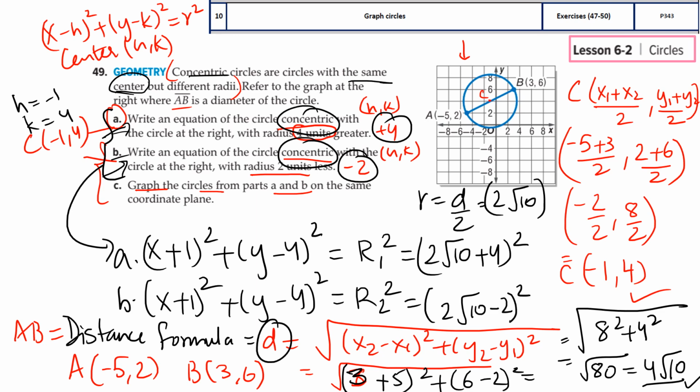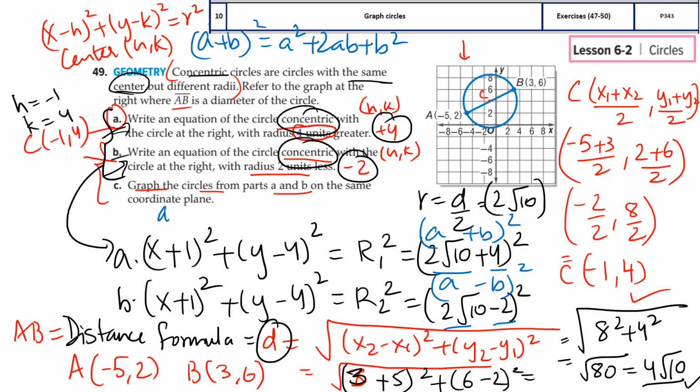Now, before I proceed to the next slide, I will give you a little bit of algebra that will give you the correct answer. So this is like (a plus b) whole square, correct? And this is (a minus b) whole square. Which algebra identity will help you? For (a plus b) whole square, you have a square plus 2ab plus b square. And for (a minus b) whole square, you have a square minus 2ab plus b square.